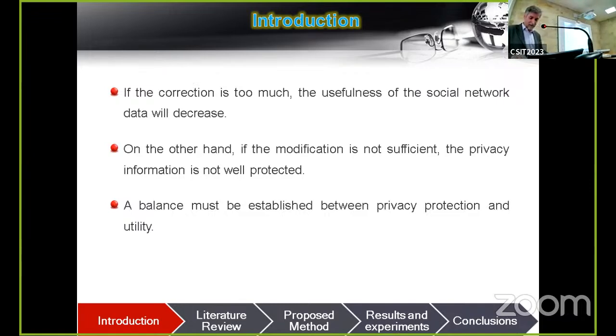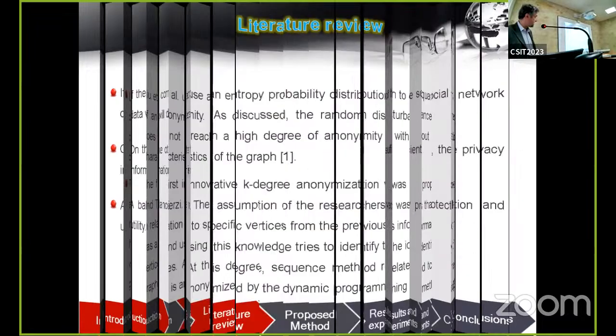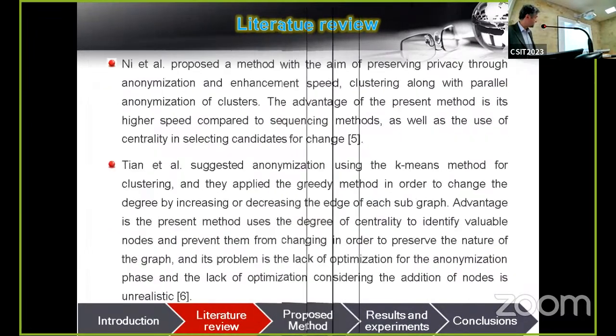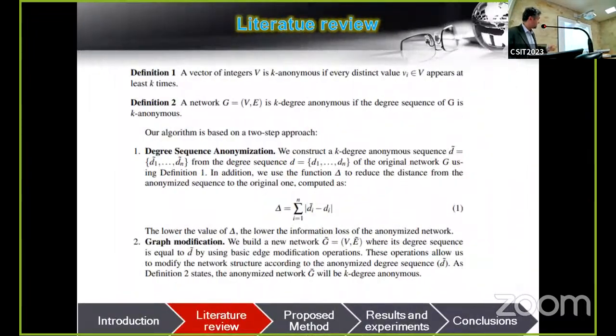We use the fitness here. This is the fitness. The honeybee algorithm uses an initial population. In the initial population, we have a different degree for each node.